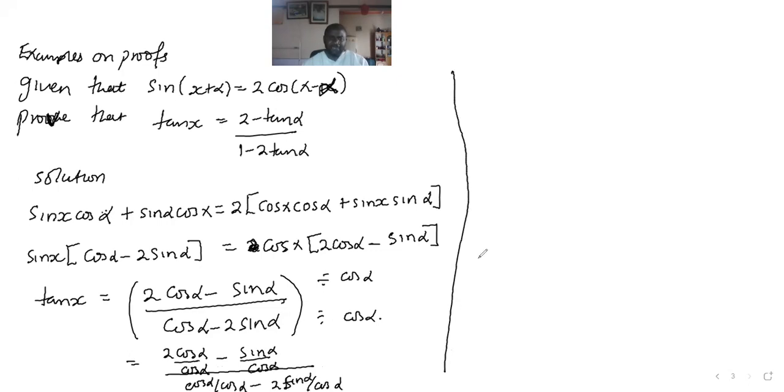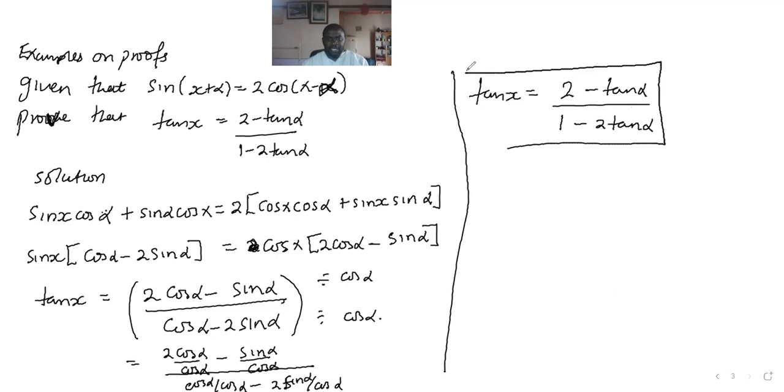Then finally, we shall have tan of x equal to twice one minus tan of alpha, over 1 minus twice tan of alpha. Hashtag proof. Unless someone has a question.